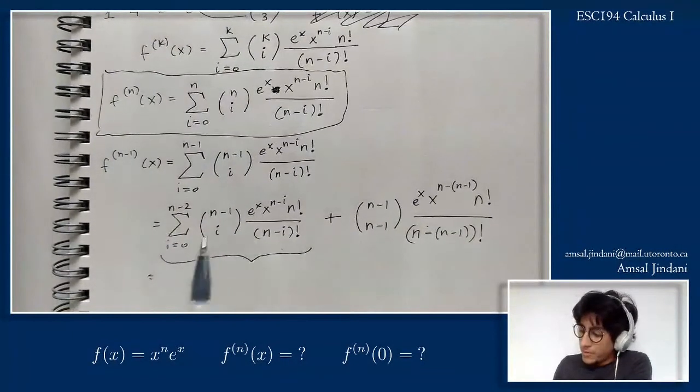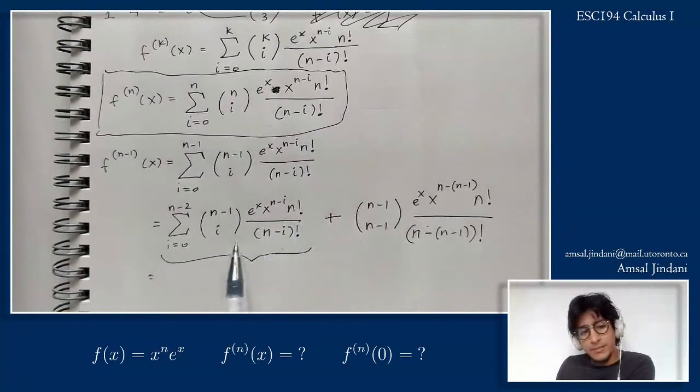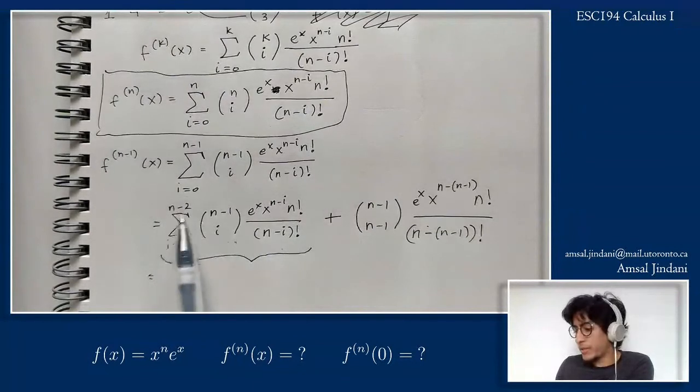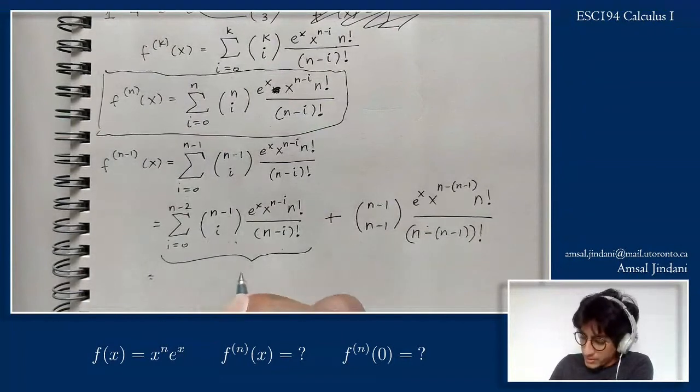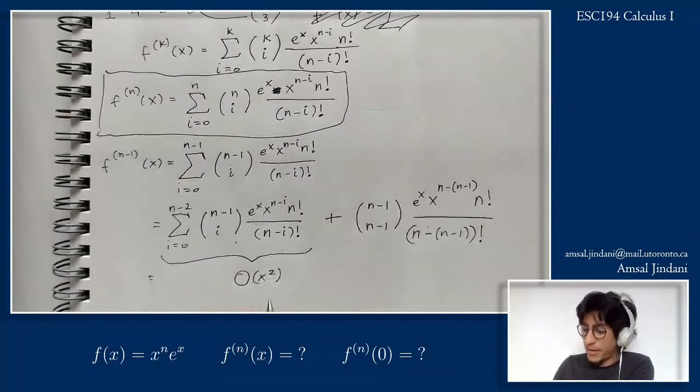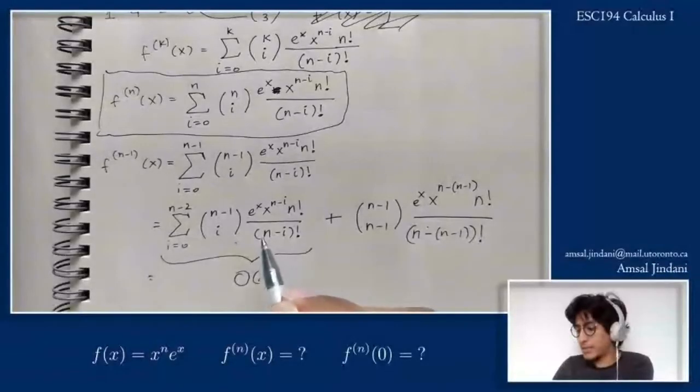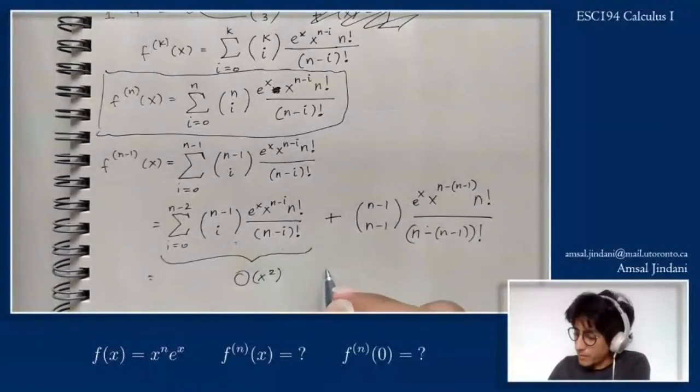So what do you notice about this expression? The lowest power of x in this big sigma notation is x squared, and you get that when you plug in n minus 2. So this is some function that's at least on the order of x squared. Every expression in here has at least an x squared inside it.